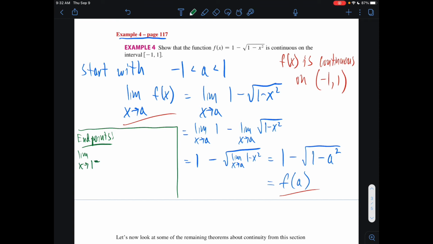So the limit as x approaches 1 from the left of f of x. By similar work, we would essentially be using the limit laws that we've seen here. I would get 1 minus the square root of 1 minus 1 squared. And that's just going to equal 1.